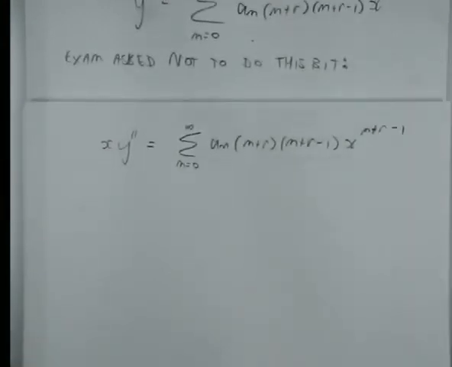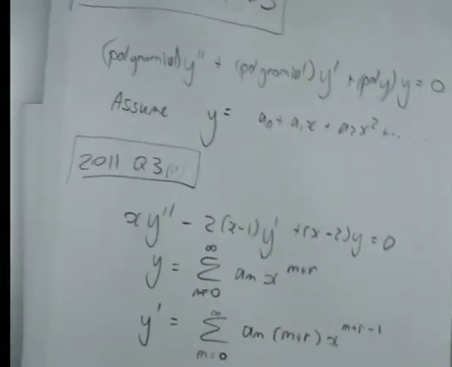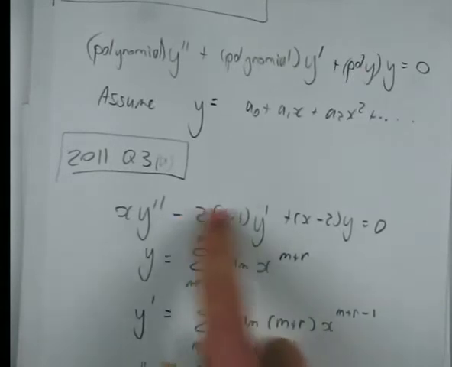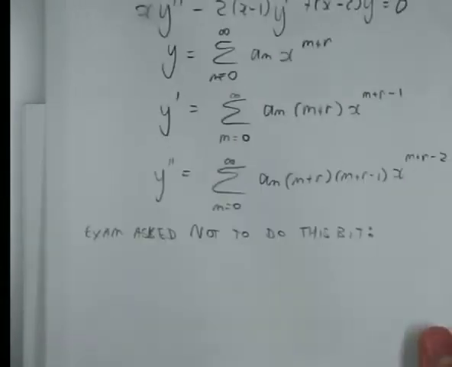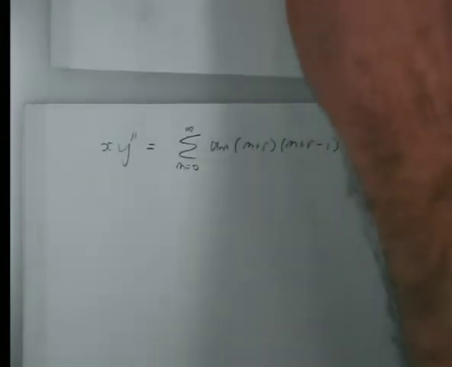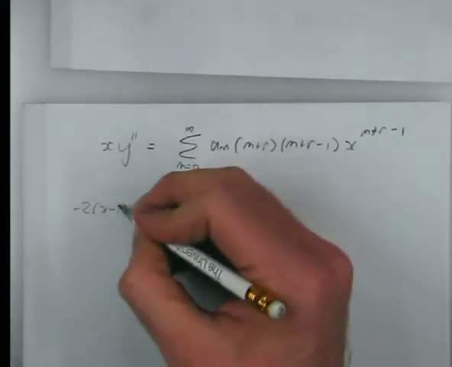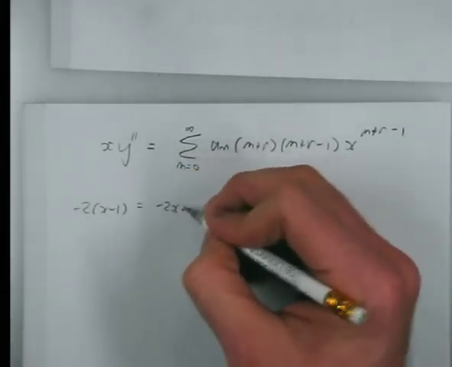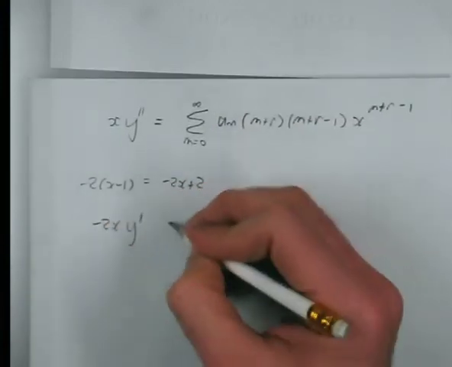I'm going to need up here a minus 2x minus 1 lots of y dashed. I'm going to deal with the minus 2x and the plus 2 separately. So just let me expand that out first. So minus 2x minus 1 is minus 2x plus 2. Okay, so minus 2x times y dashed.